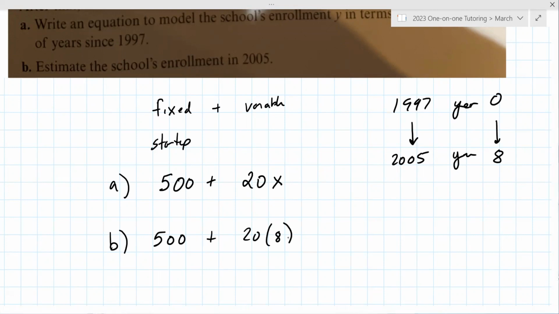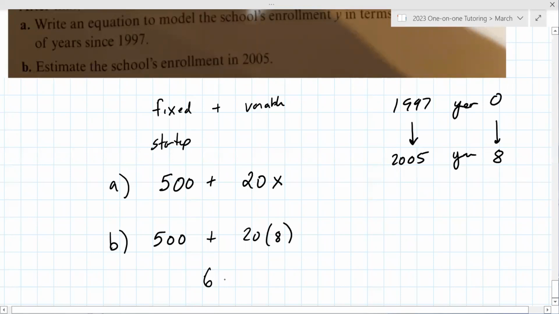8. So then we just add the product to 500.